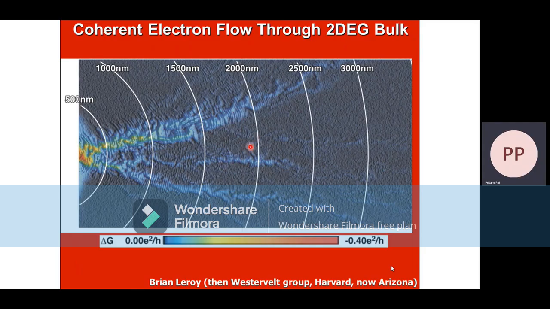So these are coherent manifestations of the wave nature of the electrons in this two-dimensional electron gas. The period of the fringes corresponds to half the Fermi wavelength in this sample, right? So this is really a beautiful experiment related to this wave nature, right?